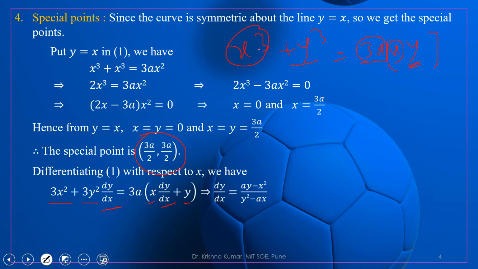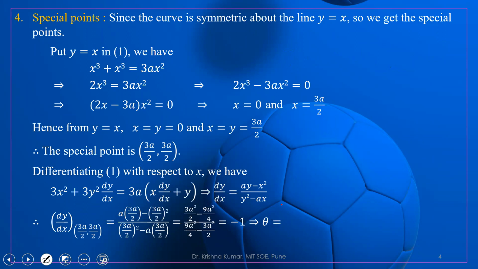So we can transpose terms from one side to the other, and we get dy/dx equal to (ay minus x square) upon (y square minus ax). Let us put in the value of dy/dx at (3a by 2, 3a by 2), since we want to find the tangent at this point. Putting x equal to 3a by 2 and y equal to 3a by 2 in this equation, the answer is -1.